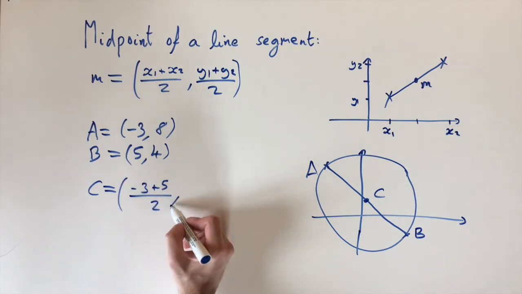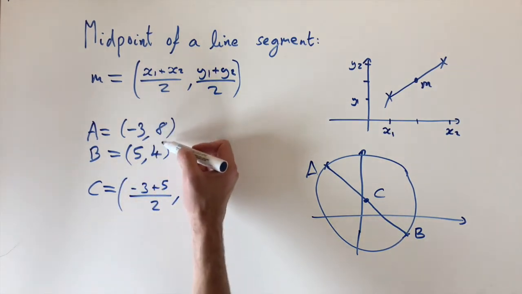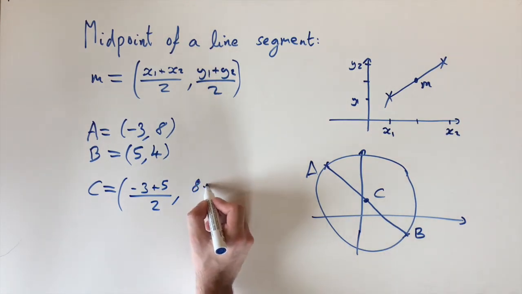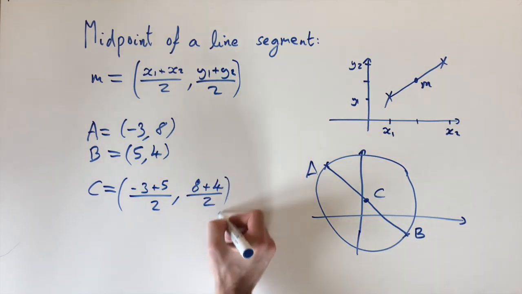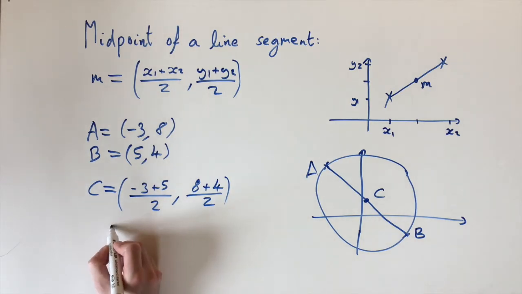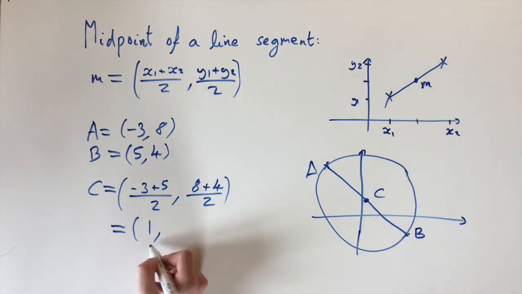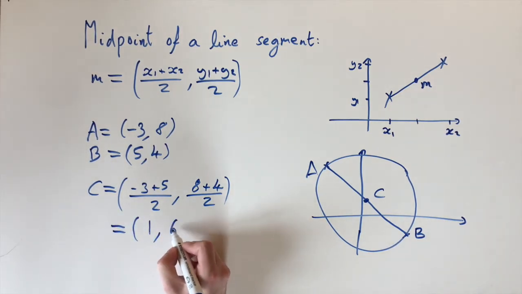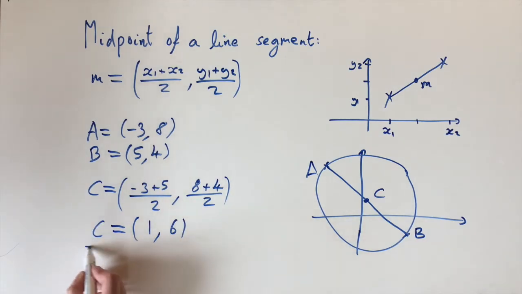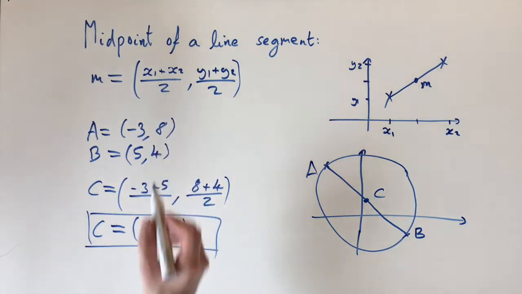That's the x component, and for the y component we take the average of the y coordinates, so (8 + 4) divided by 2. And we can simplify this. This comes out to be 1 in the x component and 6 in the y component. So these are the coordinates of the center of the circle from just using this formula.